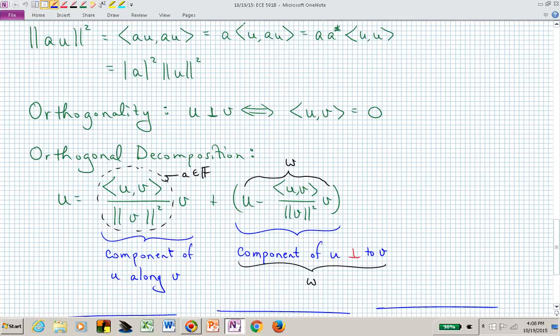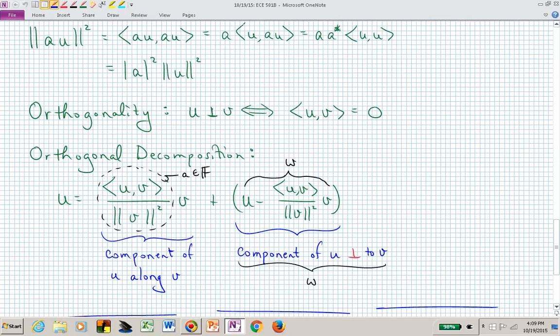We want to know how far do we go in the direction of v. That's this A that I'm saying is our scalar, and that's just the inner product of u and v over the norm squared of v. And that's just a scalar. That's the component, or the amount, that we move in the v direction to try to decompose u.